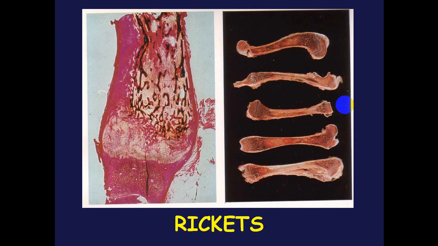Here we will see rickets. Notice here there are three kinds of bones. You can first see this is the growth plate, this is the growth plate, this is also a growth plate. You can see here the growth plate is so thick.